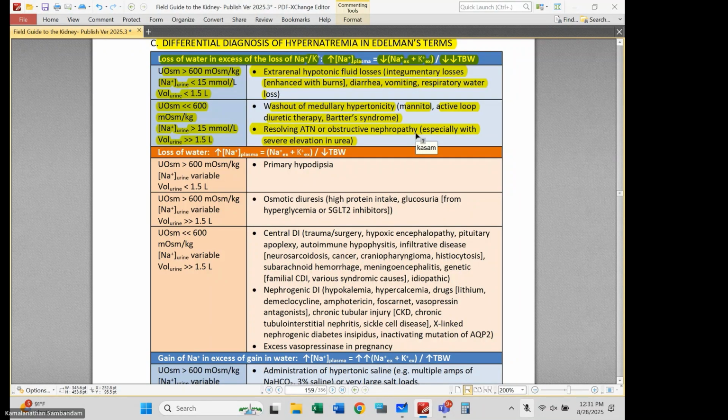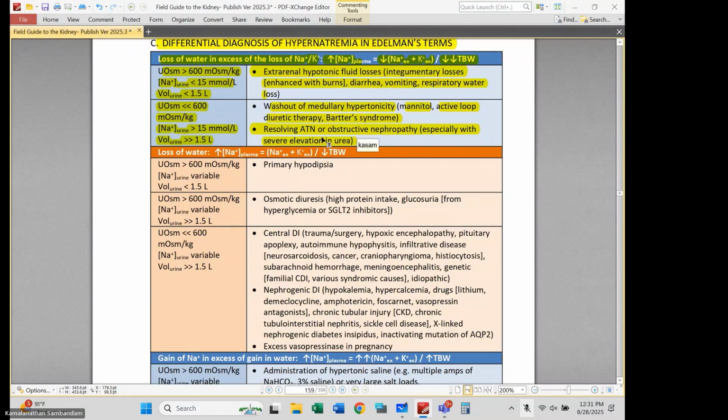That's a fairly common scenario we encounter: somebody who has an obstruction relieved is very often polyuric. Urea is functioning as an effective osmole as it is being delivered to the lumen of the collecting duct.